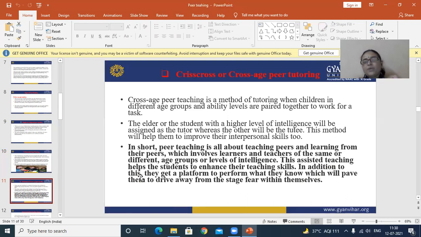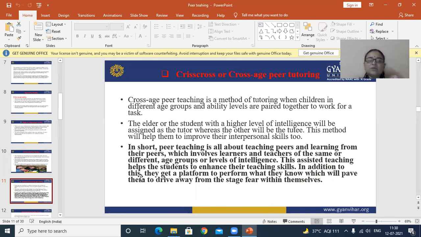Cross age peer tutoring. Cross age peer teaching is a method of tutoring where children in different age groups and ability levels are paired together to work on a task.